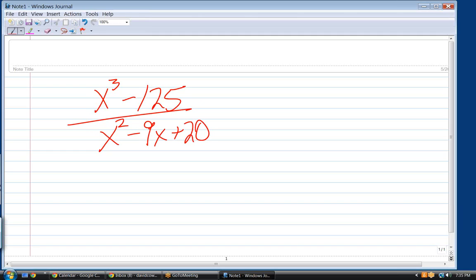What's the top? Are we simplifying this? That's it. And then it wants you to find the limit as x approaches 5.